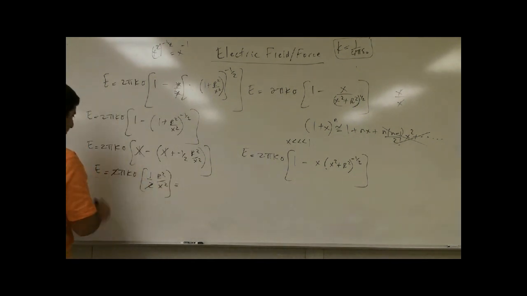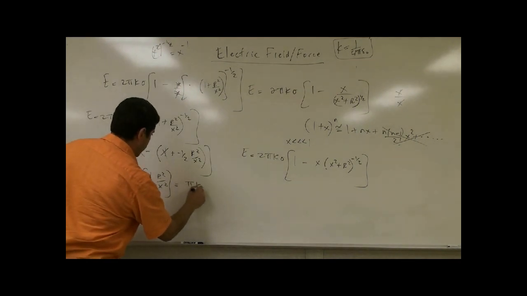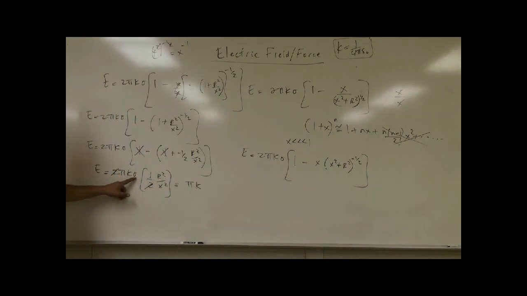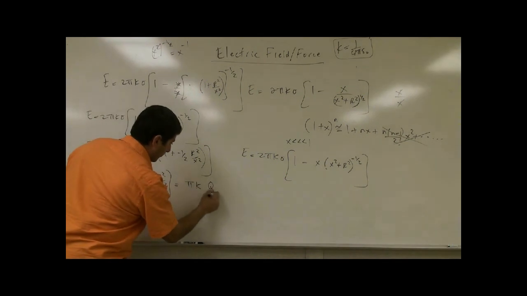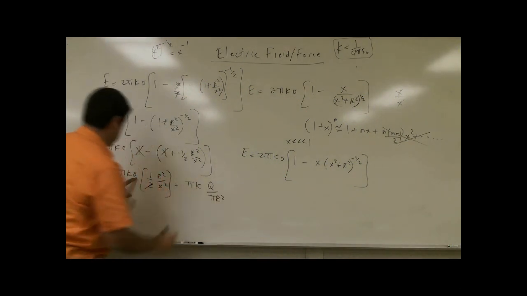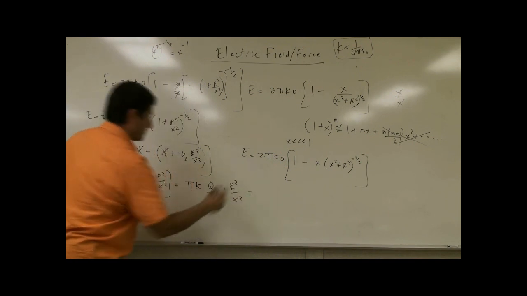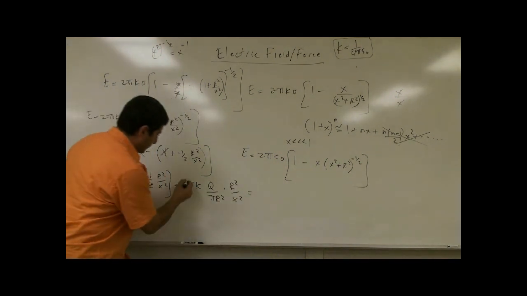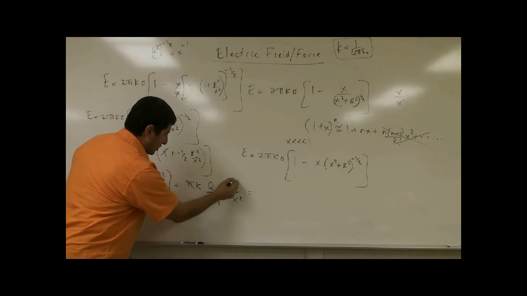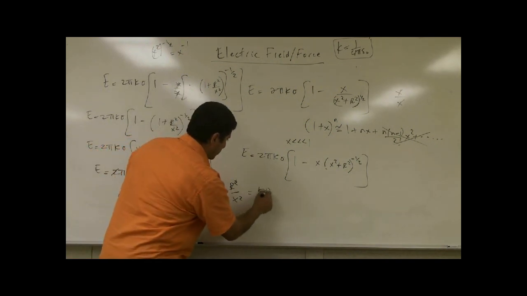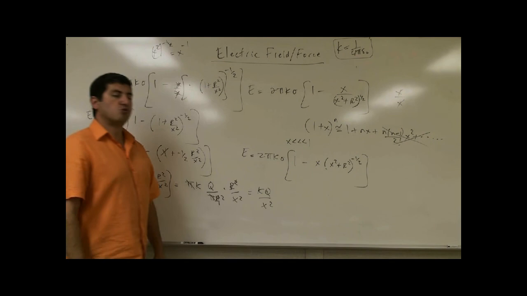The 2 and the 2 cancel. Pi k, and then the sigma is the charge of the plate over the surface area of the plate, pi r squared, times r squared over x squared. Notice what happens. Pi cancels, r squared cancels, kq over x squared.